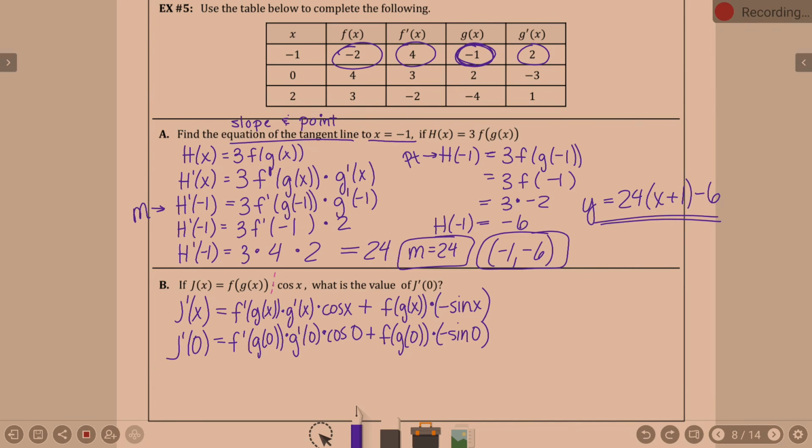F prime of g of 0 means we start with g of 0. G of 0 is 2. So this is f prime of 2 times g prime of 0, which is negative 3, times cosine of 0. What's cosine of 0? 1.